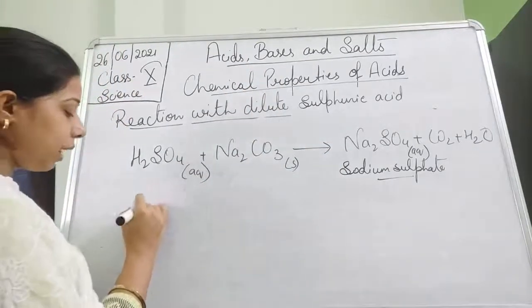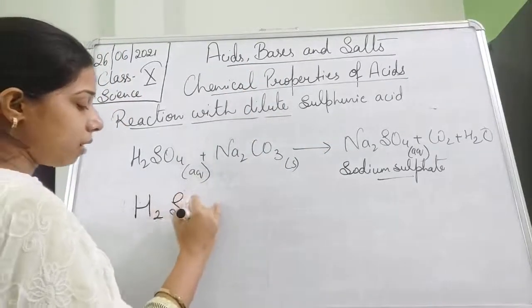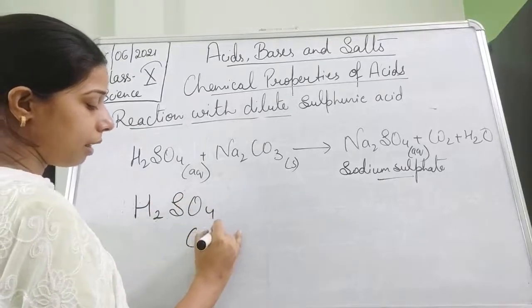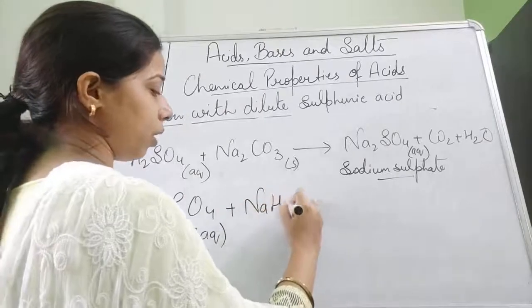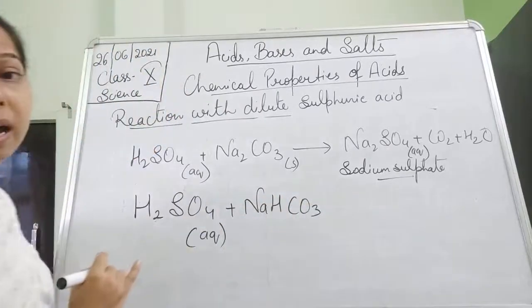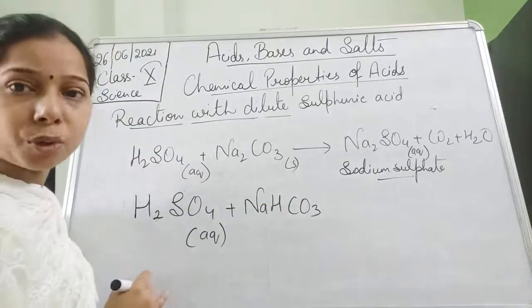Let us see what happens when dilute sulfuric acid reacts with sodium hydrogen carbonate, which is also called sodium bicarbonate or baking soda.